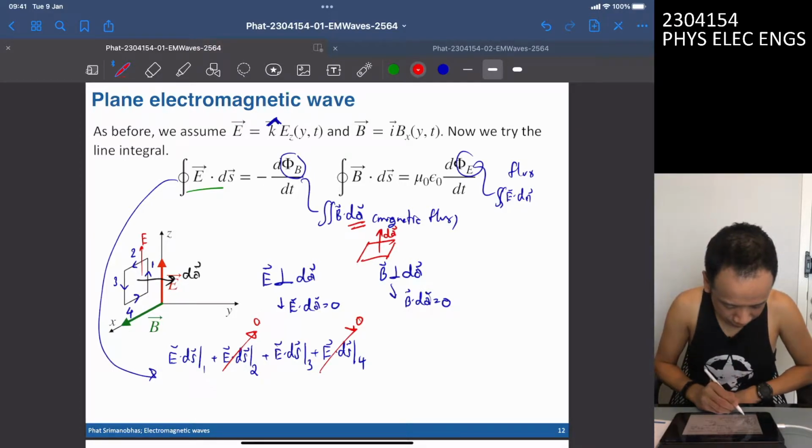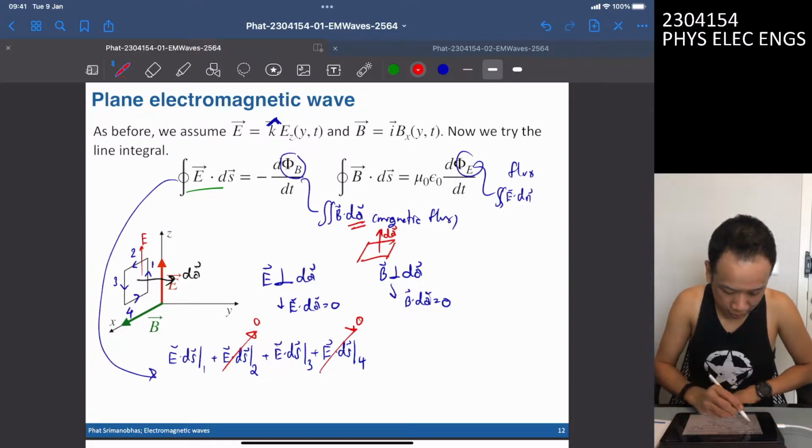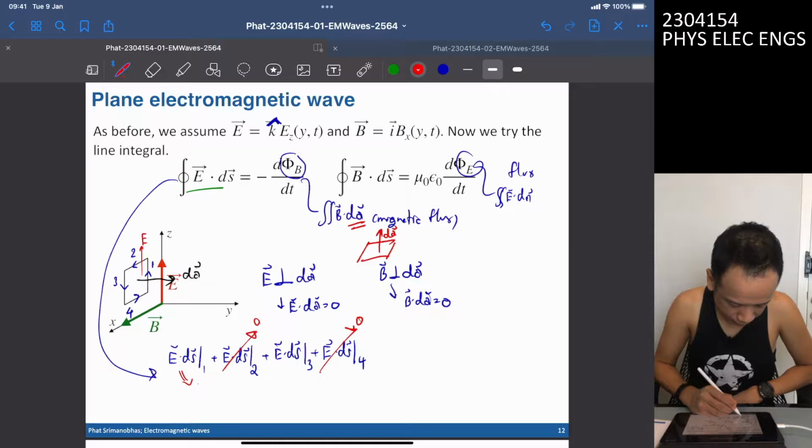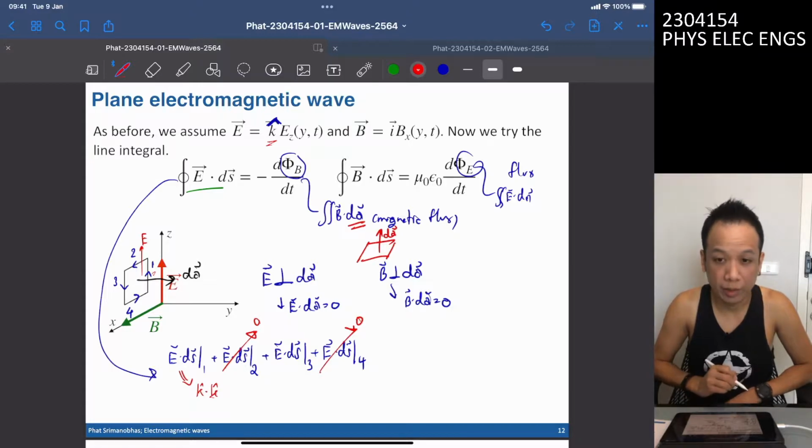And then E dot ds of the surface 1, it's basically, if we don't care about the size, but just looking for the dot product, so you can have like k dot k, right? E is in the k direction, the surface 1 ds is also in the k direction.